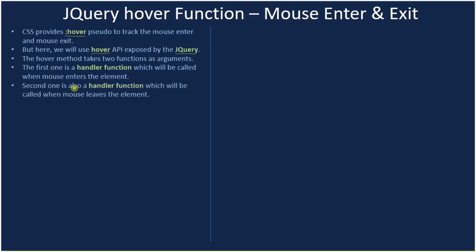The second one passed to the hover function will also act as a handler function which will be called when the mouse leaves the specific element. Remember, you will call this hover on a jQuery object. We know that we can filter a jQuery object using the $ function and by passing the filtering criteria as a string.